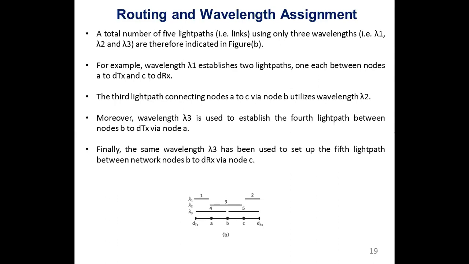The third light path connects node A to C via node B, and it utilizes wavelength lambda 2. And wavelength lambda 3 establishes the fourth light path between nodes B to D DTX via node B. Finally, the same wavelength lambda 3 is also used to set up a fifth light path between nodes B to D DRX via node C. So we can see that the number of light paths is higher, but the number of wavelengths which are used is lesser in quantity.